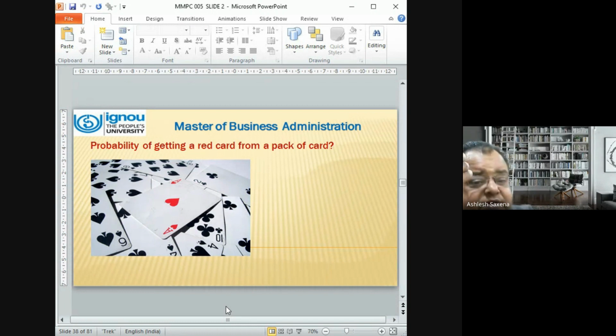Your question is to find out the probability of getting a red card. If we talk about 50-50 probability, your answer will not be in 50, as that is for sure. That is 50-50, but how to write it? Your answer will be in the form of a fraction or decimal.